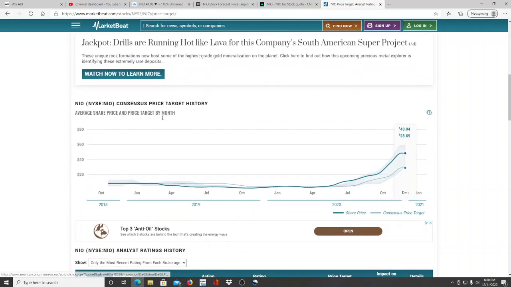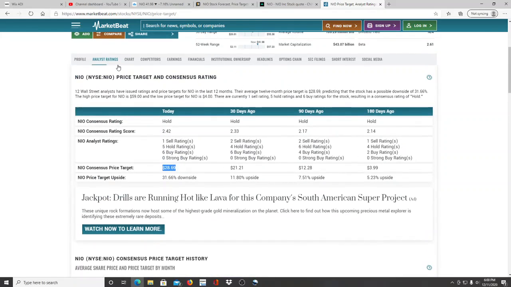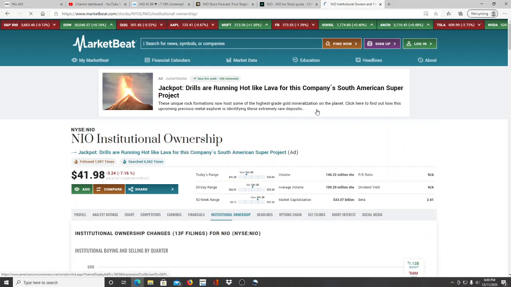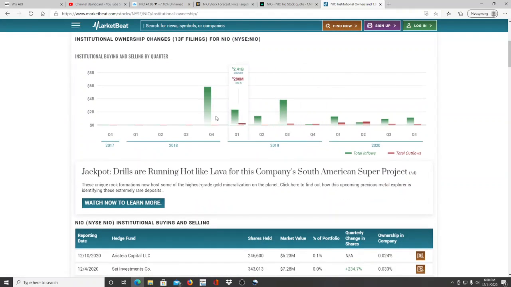I was also looking at where the institutional ownerships are right now. A lot of it has been bought throughout the years up to this point, and a lot of buying was going on earlier in the year. This last quarter, a lot more buying has happened and a lot less selling. You could see that the selling was in the 100 millions, right?